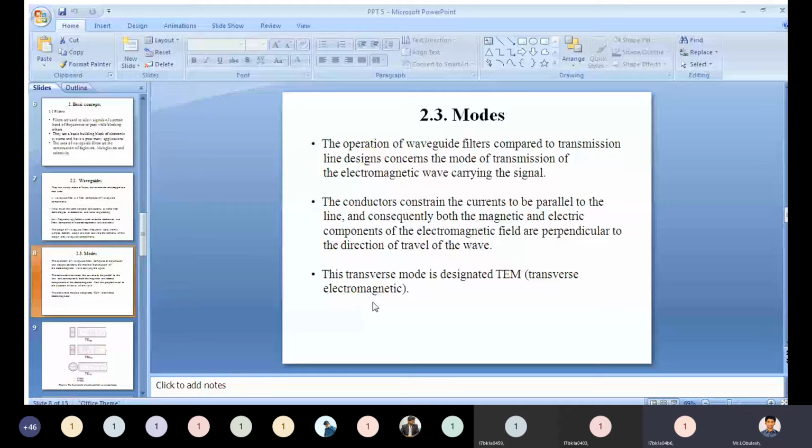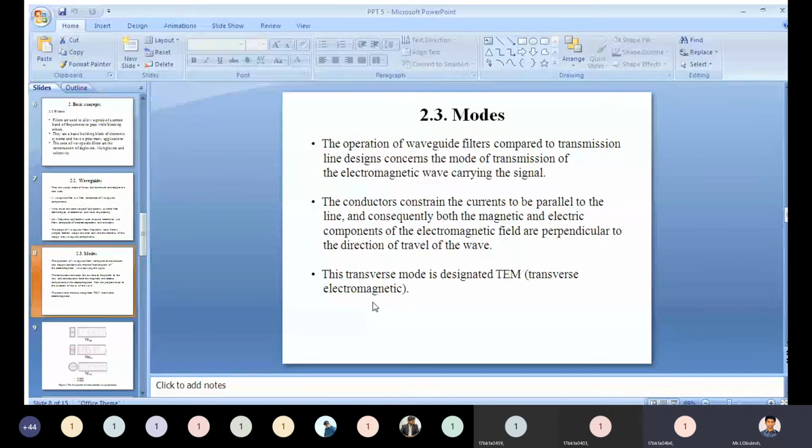Next basic concept is modes. Waveguide filters have much more in common with transmission line filters than lumped element filters.